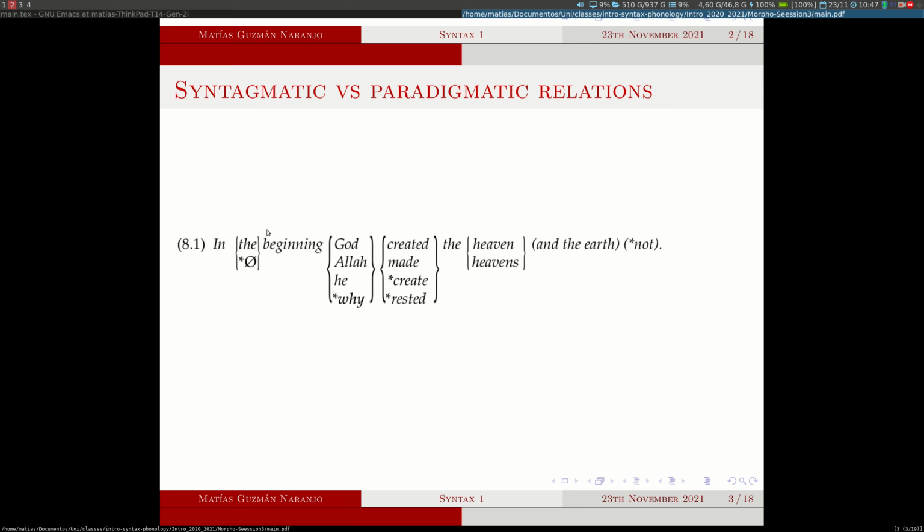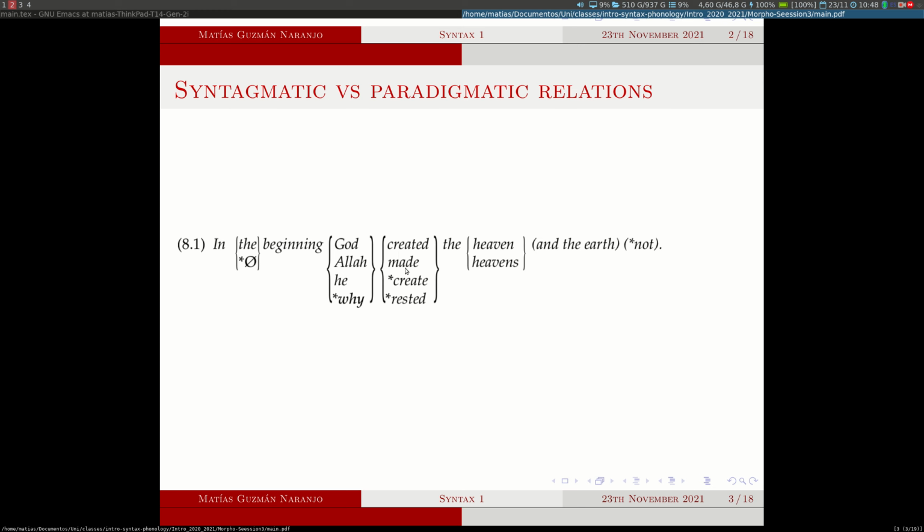However, if we look at this slot here, you see that there are several alternatives which we could have used in the sentence. You could have used God, you could have used Allah, you could have used he. So, in the beginning, Allah created the heavens and the earth. And instead of created, you could have used made.